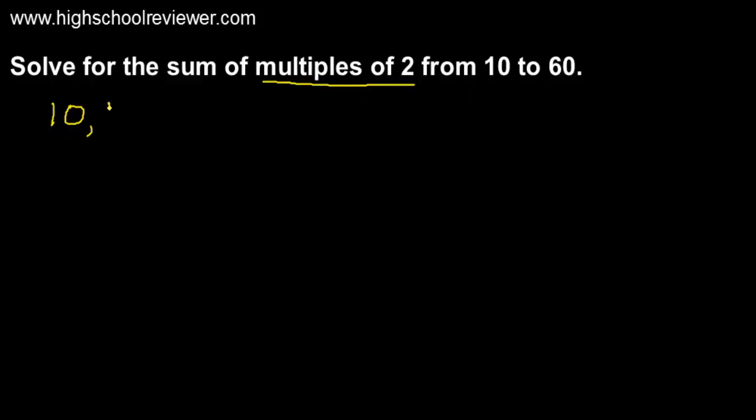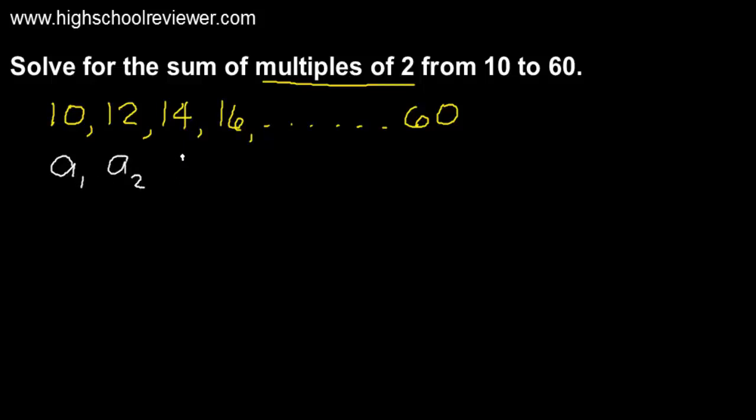Positive 10 will be followed by positive 12, positive 14, positive 16, and so on until the last term is positive 60. Our positive 10 here is our a sub 1, or the first term. 12 will be the second term, or a sub 2, 14 is a sub 3, then a sub 4.